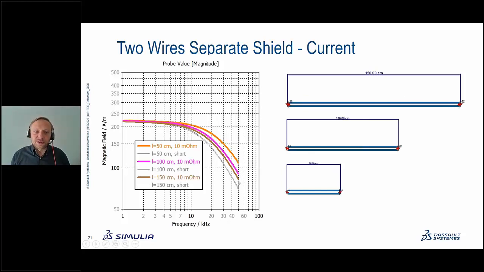And you can see that if everything is shorted, which is the gray curve, the length of the cable doesn't have any effect. But if I add the 10 milliohm, then the loss in shielding introduced by this bonding resistor is not as significant for long cables as it is for short cables. So you can really check this with the simulation itself.